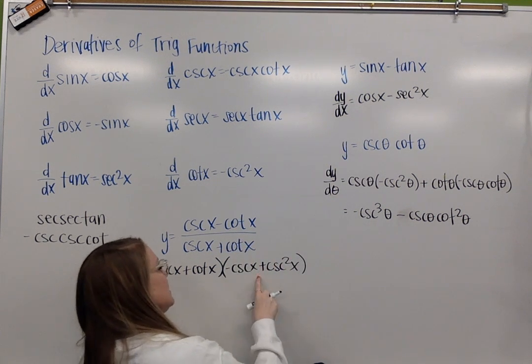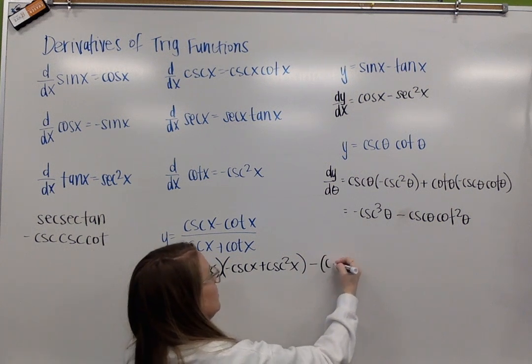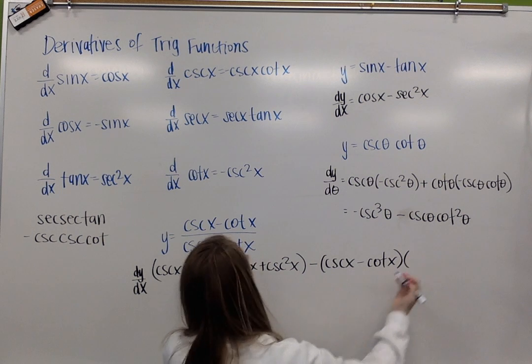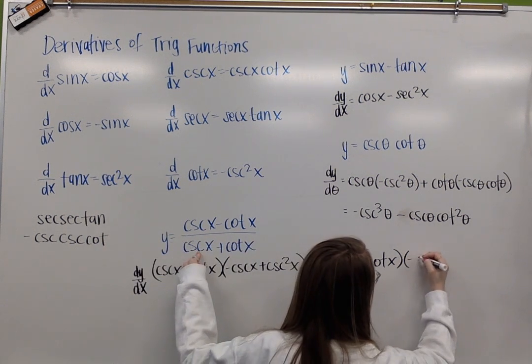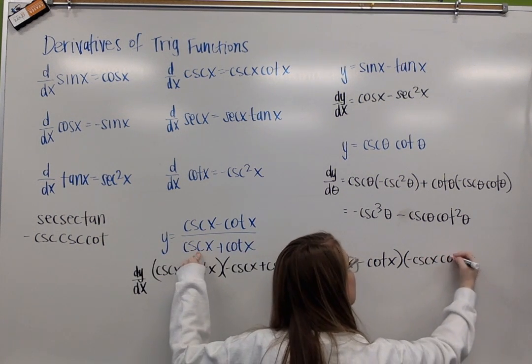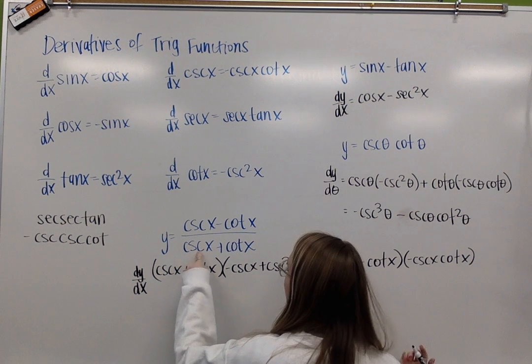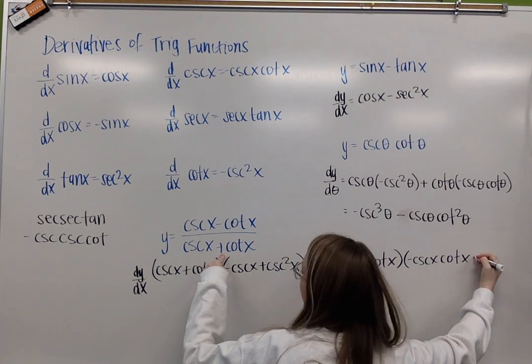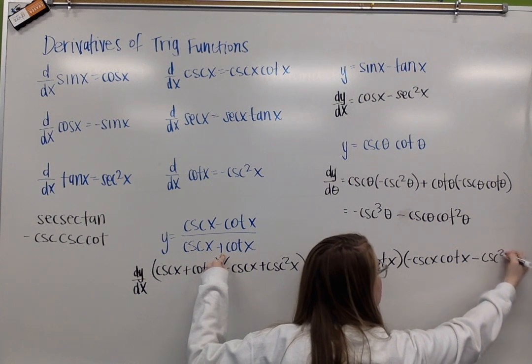So low d high minus high d low. The derivative of cosecant is negative cosecant cotangent, and then the derivative of cotangent is negative cosecant squared.